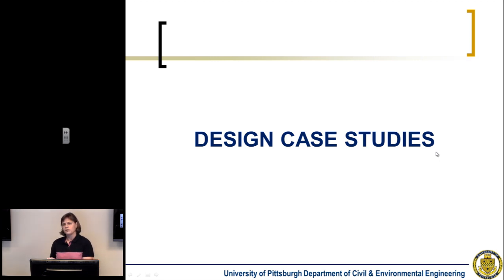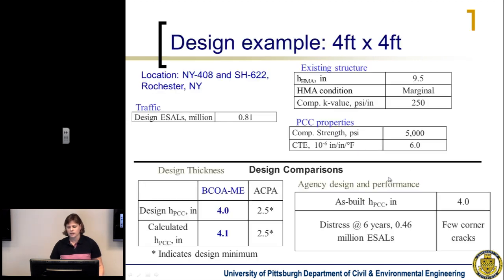So we'll compare these procedures with their performance and the predicted overlay thickness that would have been provided by the BCOA, as well as with the older ACPA and Colorado DOT procedures. I should mention here too that the BCOA app put out by ACPA is quite similar to the ACPA procedure. It was just the ACPA procedure incorporated into that app.